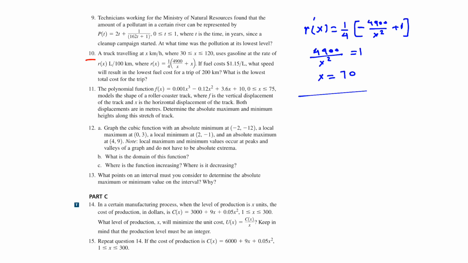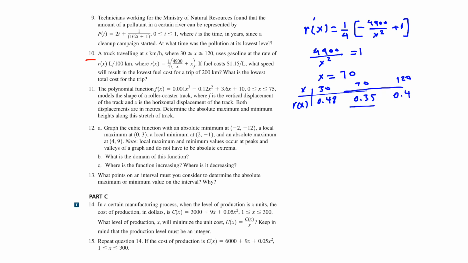We are looking for the minimum of R(x) when x is between 30 and 120. R at 30 is 0.448, R at 70 is 0.35, and R at 120 is 0.4.